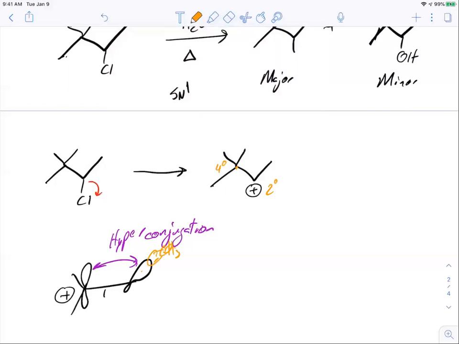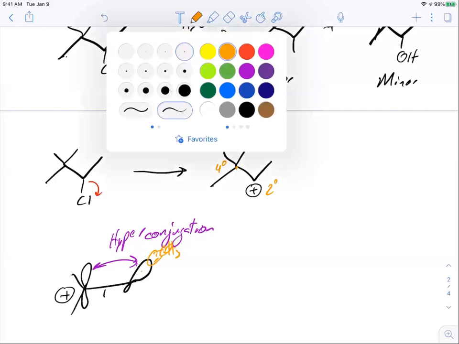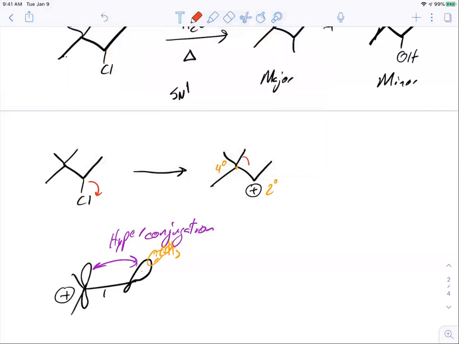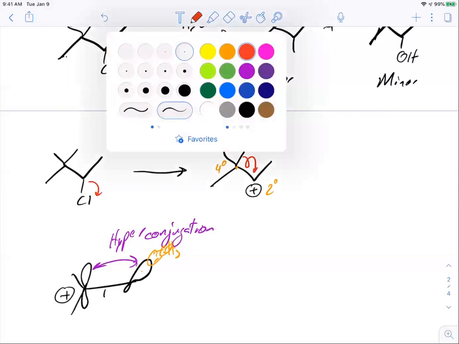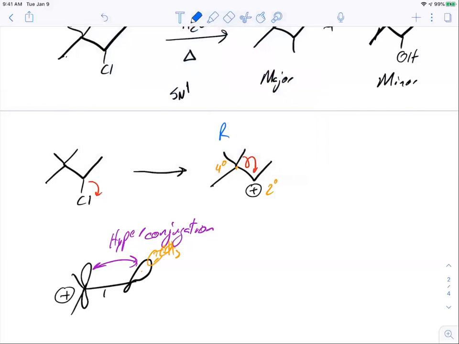Because of that overlap, what can happen here is that I can get a rearrangement. So it's an internal reaction of that substrate that I get a rearrangement so that I get to a more stable product.